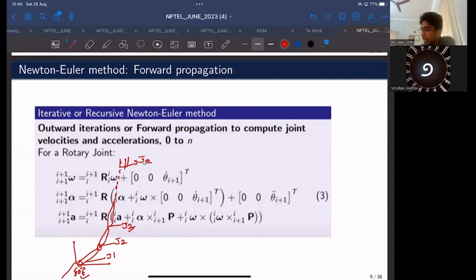Then what would be the velocities and accelerations of the end effector? That is, the angular velocity of the end effector, the linear velocity of the end effector, the angular acceleration of the end effector, and the linear acceleration of the end effector. How do we find this out? That is done through what we call the forward propagation.